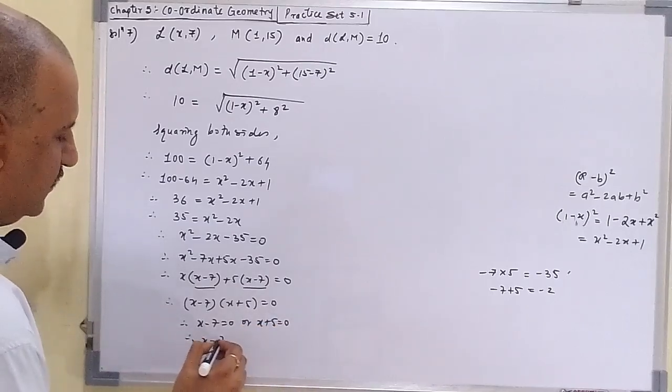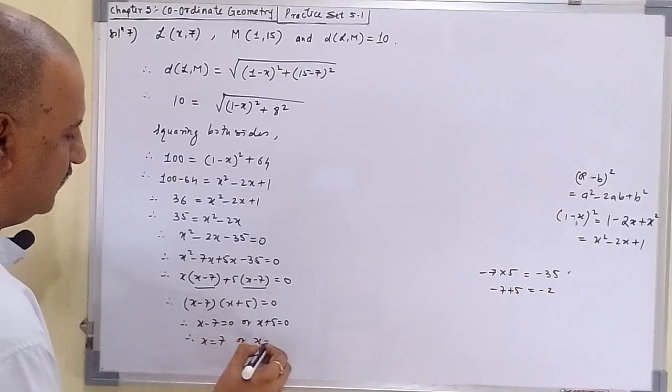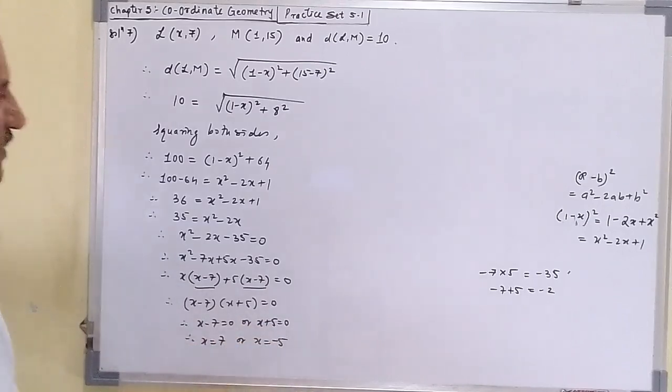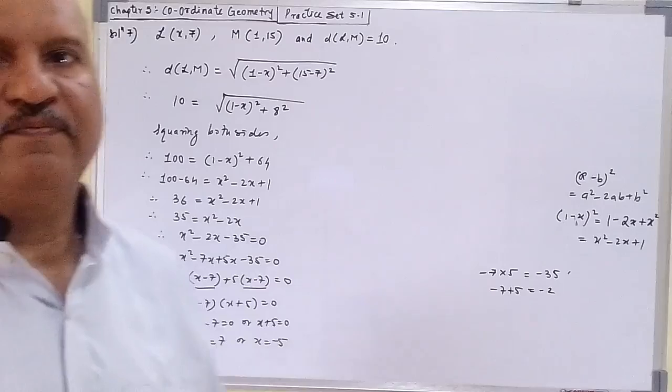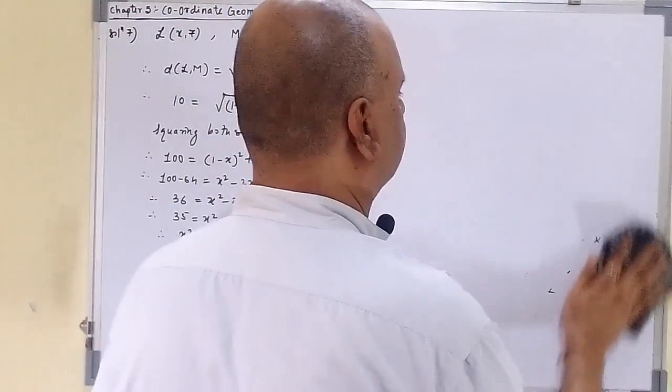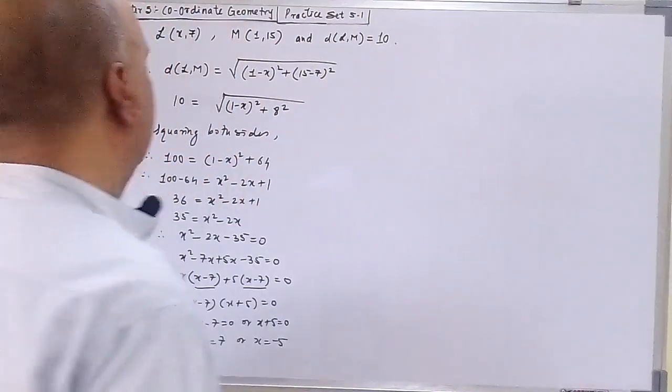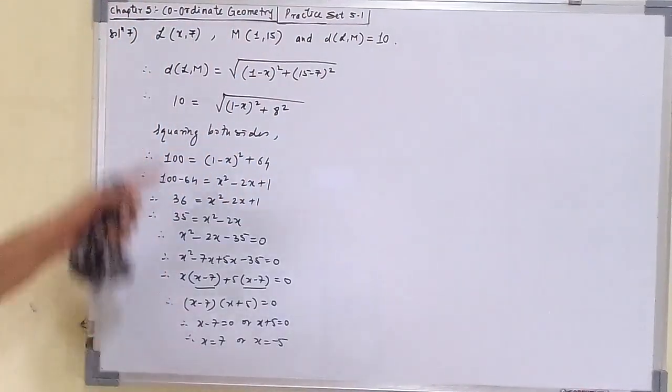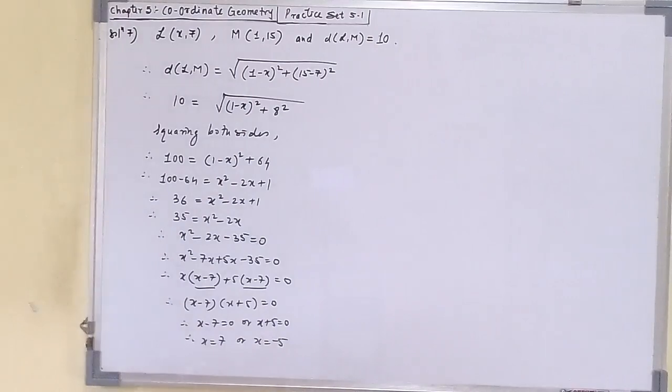Therefore x is equal to 7 or x is equal to minus 5. The coordinates are given, so both are possible in this case.